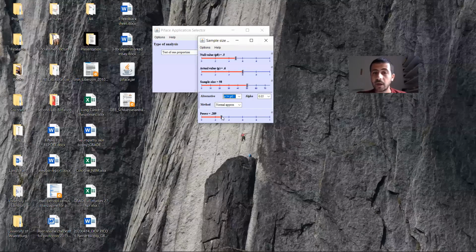So what is the power? Do you remember that term? I don't have power when I have just one proportion and one confidence interval for this proportion. But when I start to compare, those are statistical tests. And when I have statistical tests, I have true positive, true negative, false positive, false negative.